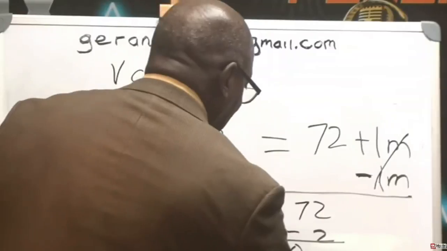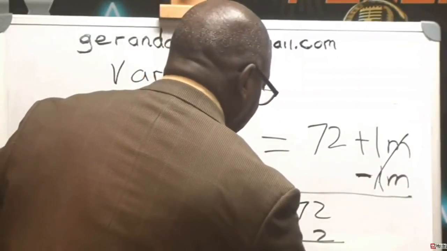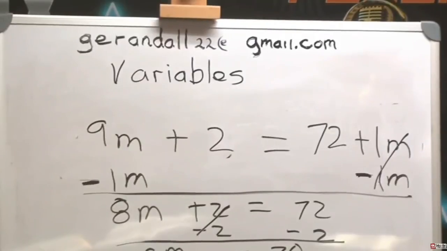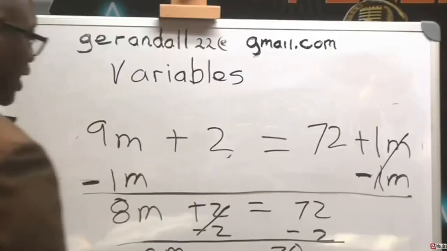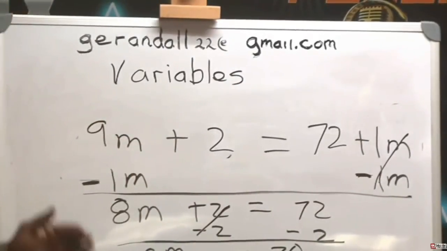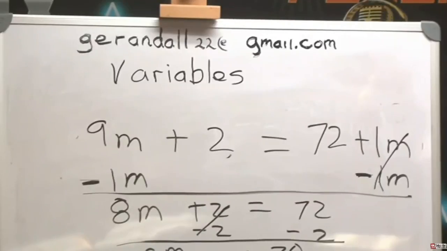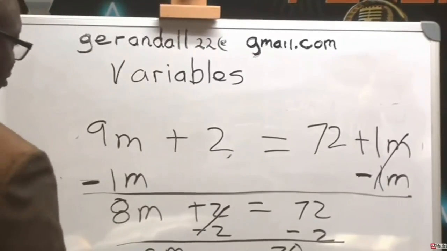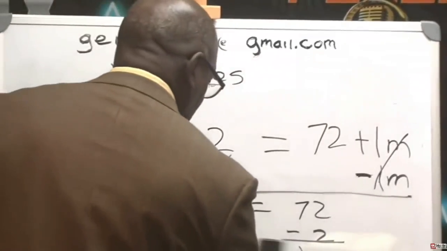And the answer is 8 3/4. That's what m equals. Now, the way you check it, wherever there's an m, you put that value in. Now today we're not going to check it because I just wanted to show you where we're going. We're going to be solving algebraic expressions.